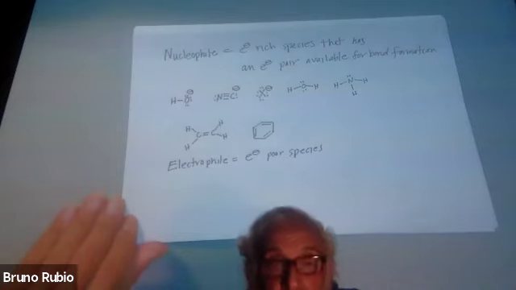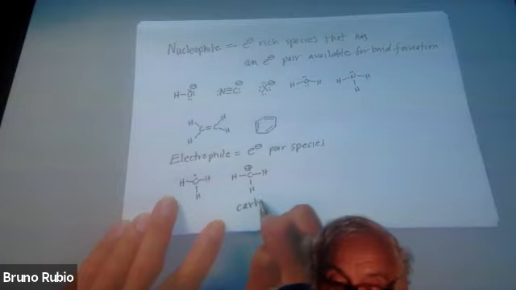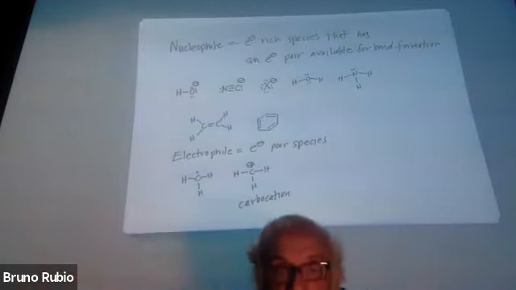We have some positively charged electrophiles as well. And so the positively charged electrophile par excellence that we're going to be talking a lot about is the carbocation. This is called the carbocation. And it's even more electron deficient than a radical because a carbocation only has a sextet of valence electrons.